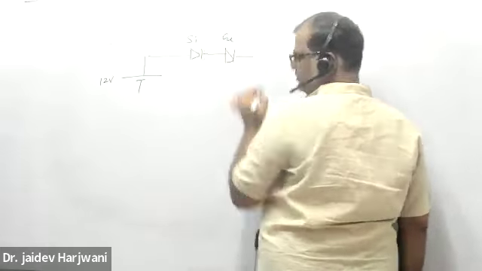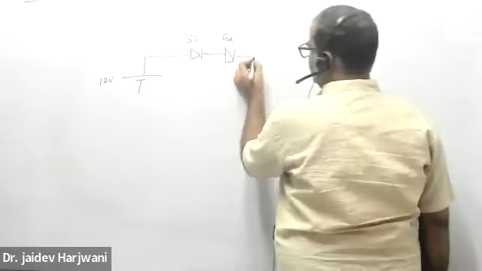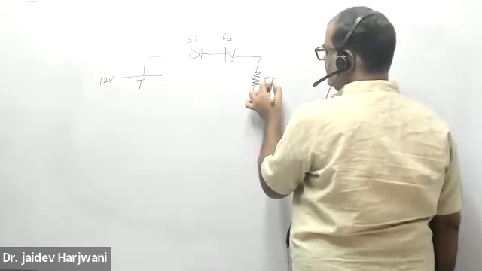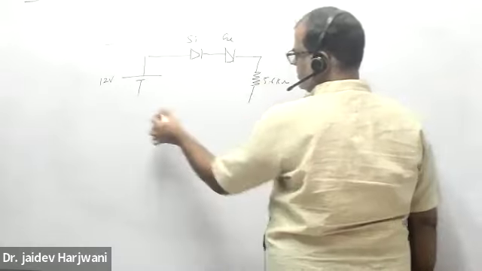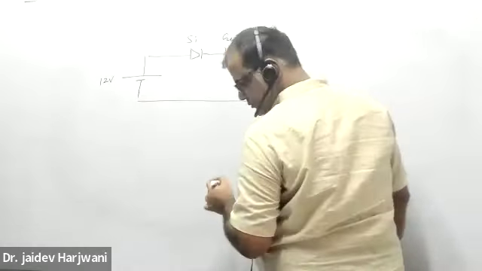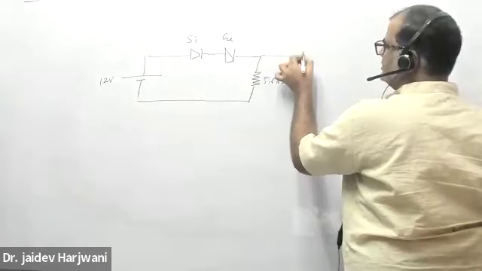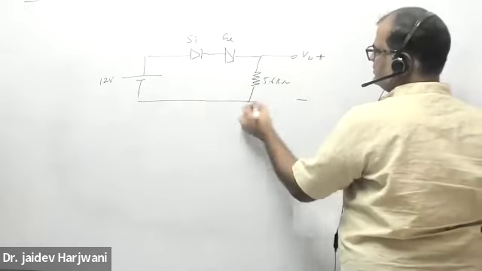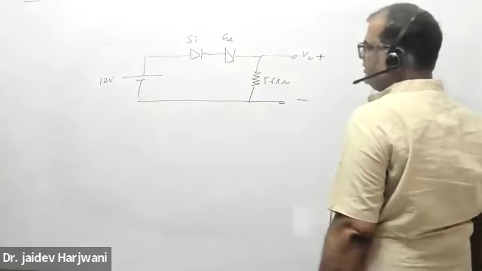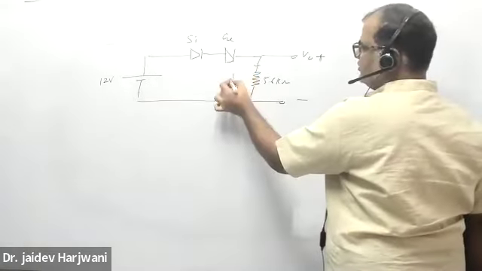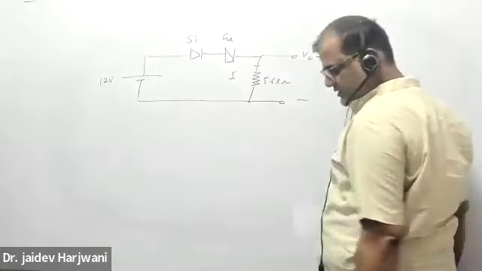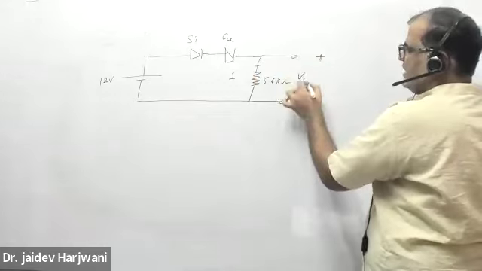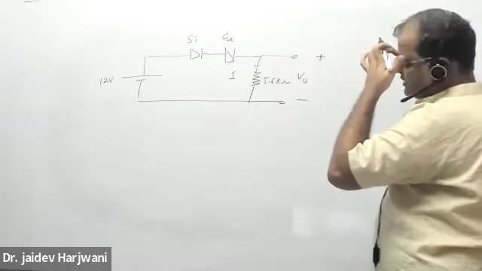This is a germanium diode. Okay, 5.6 kilo ohm. And this is your V naught I am measuring here. Tell me how much current is flowing through the load. Find the I and find the V naught.